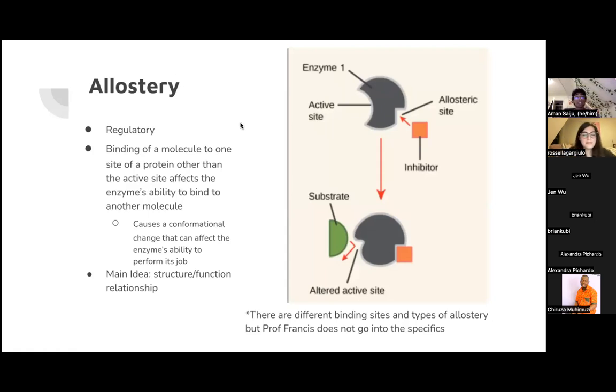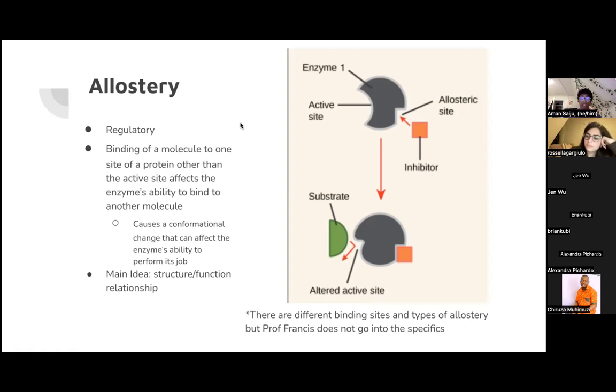If the enzyme has some specific role or function, not every binding site has to be about that function or directly carry it out. So enzymes can also have secondary, regulatory sites where you can have allosteric binding. Allosteric binding is when a ligand binds to an enzyme and causes a conformational change.